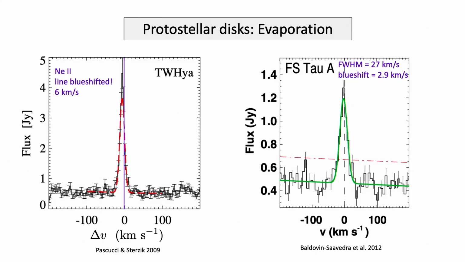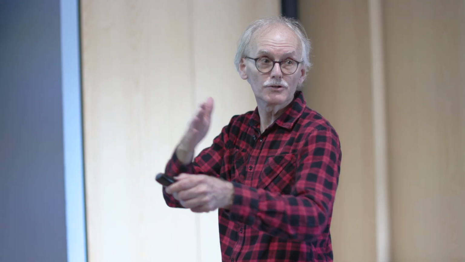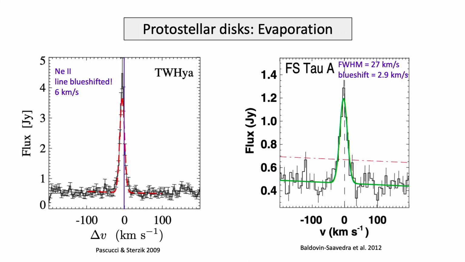This is, of course, from a spectrum, and that's been translated into velocity, blue and redshift, because of the Doppler effect. This line should be centered around this expected middle line here, this blue line, and you see it's actually shifted toward the blue, as we say, toward negative velocities. Velocities come toward us. So this mass, this neon, is moving from the disk toward us. It moves away from the disk. It's a disk wind.